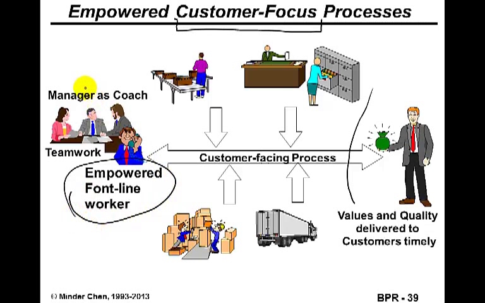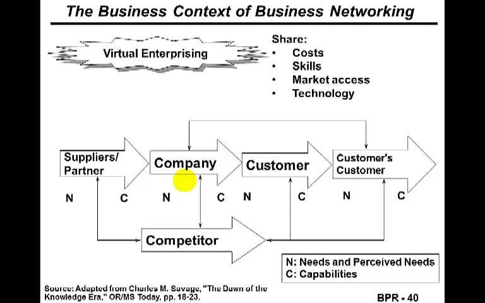So we want to make sure the managers and other people from other departments all work together as a team to support the frontline worker and empower the frontline worker to serve the customer, to deliver the value and the quality product and service to them in a timely manner.